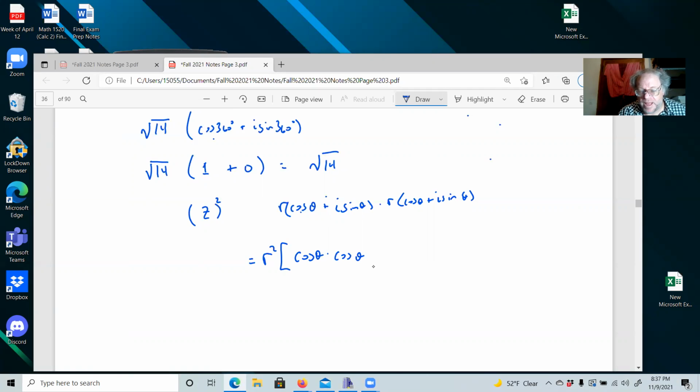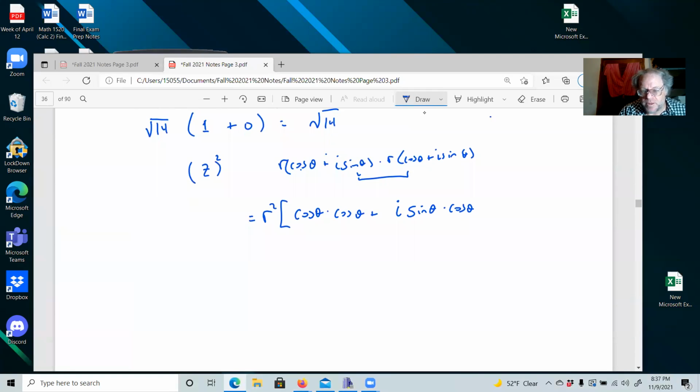Then we have plus, well, we have an i, right? Look at this inner part here. We have i sine theta times cosine theta. So that is i sine theta times cosine theta. That's this part.